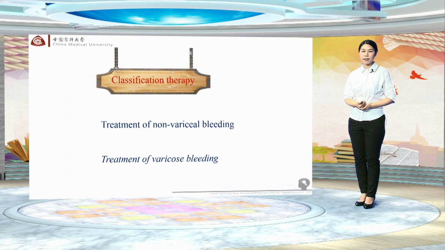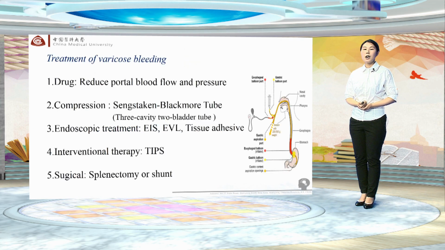Let's review briefly together. We have 5 methods to treat varicose bleeding. We can use drugs to reduce portal pressure, such as somatostatin, terlipressin, etc. The Blackmore tube with 2 balloons can stop bleeding by compression.